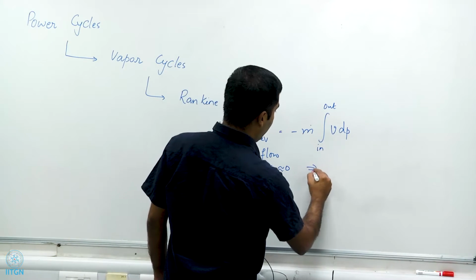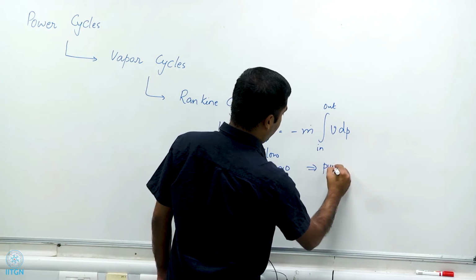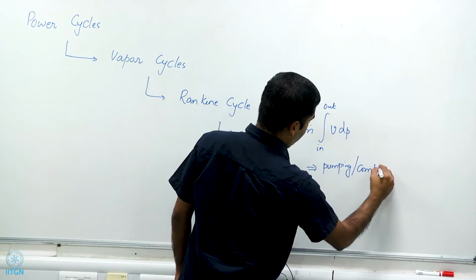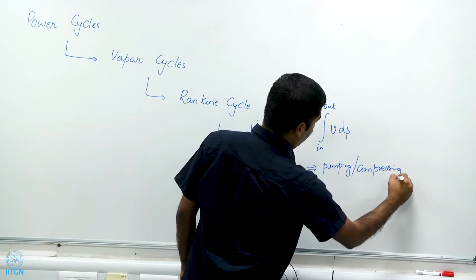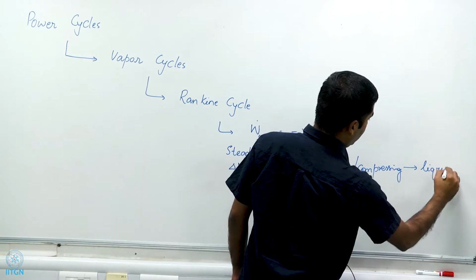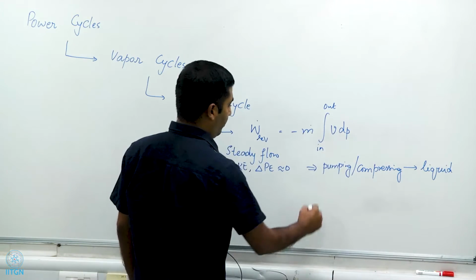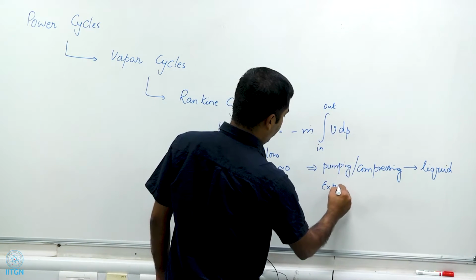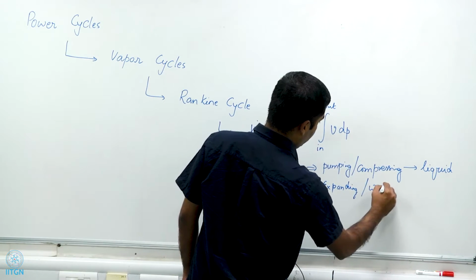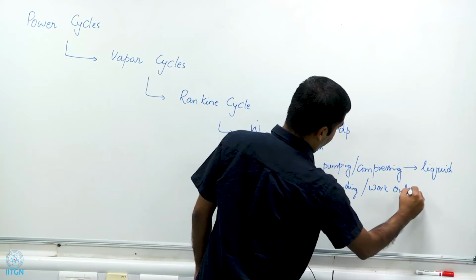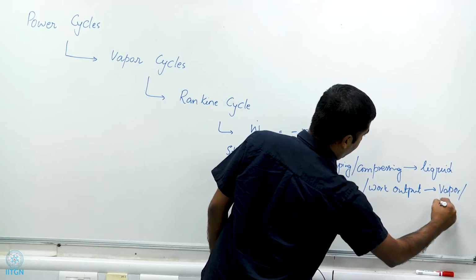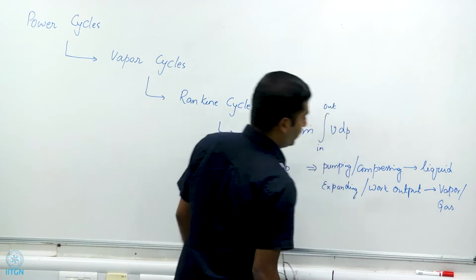This implies that pumping and compressing we would prefer to do in liquid state, and expanding so that we get work output we would rather do in vapor or gas state so that we get the maximum work output.